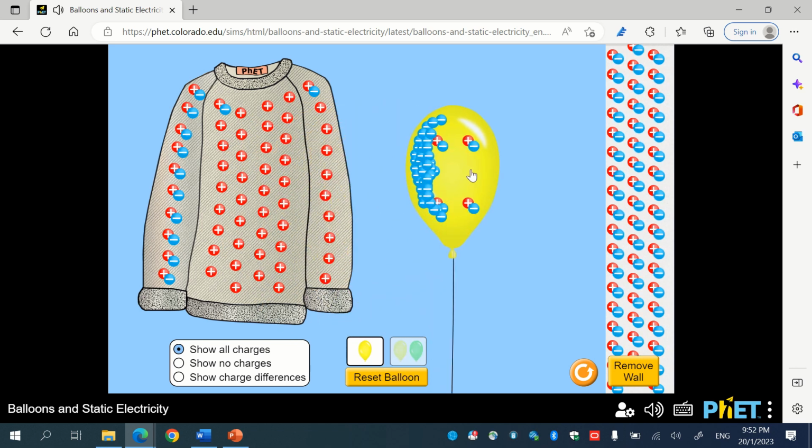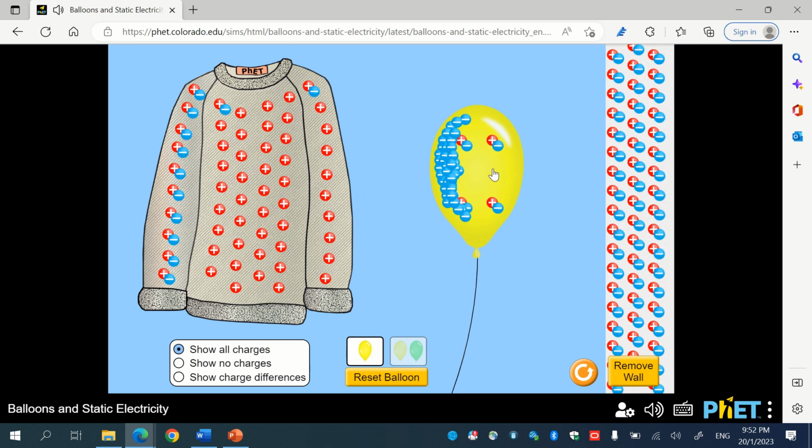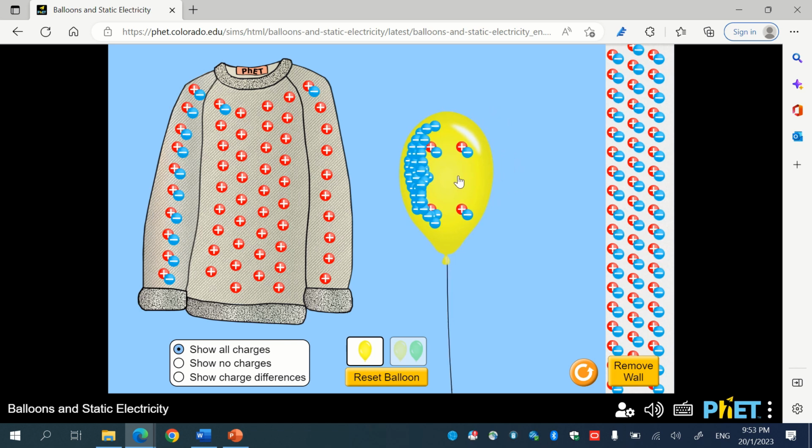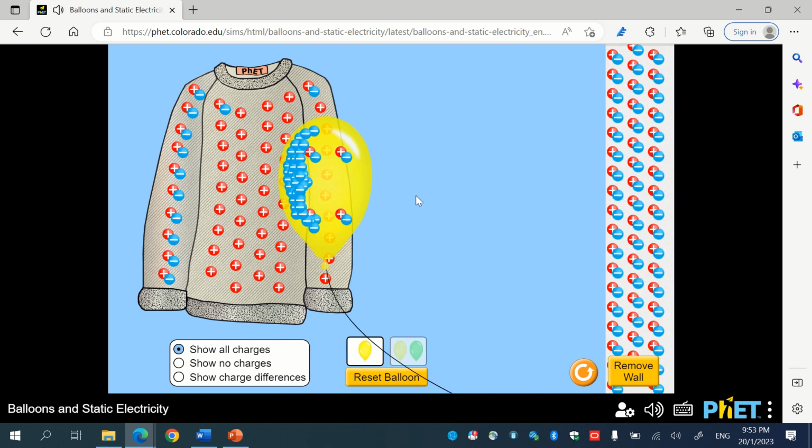So this balloon gains electrons and becomes negatively charged, whereas the sweater loses electrons, loses the negative charges, and becomes positively charged. So there is attraction between this positive and negative. That's why the balloon is attracted to the sweater. That was what we learned previously.